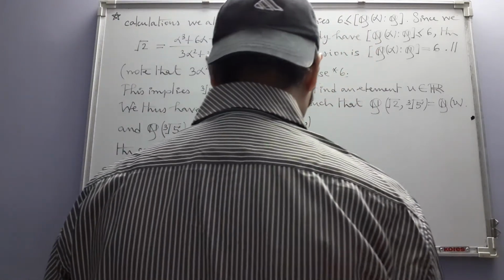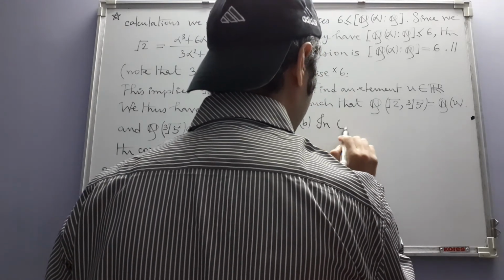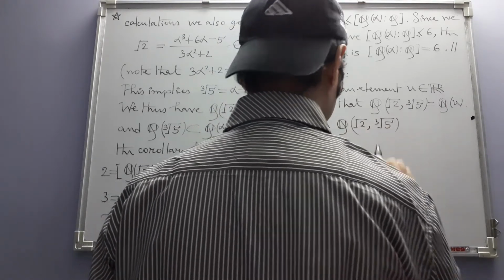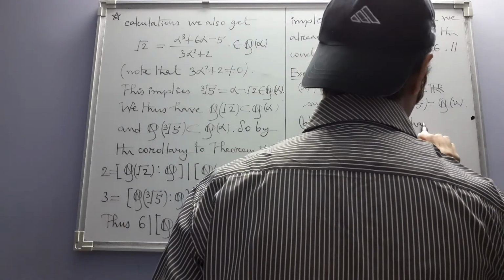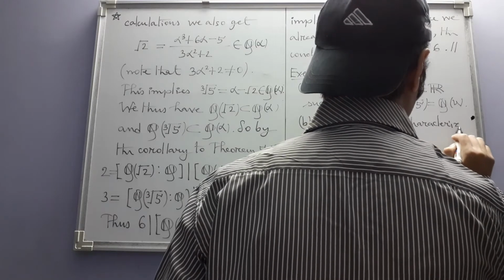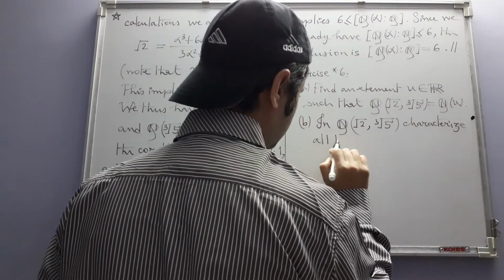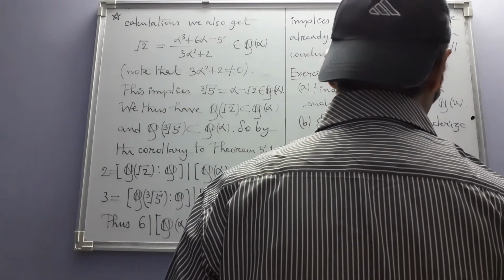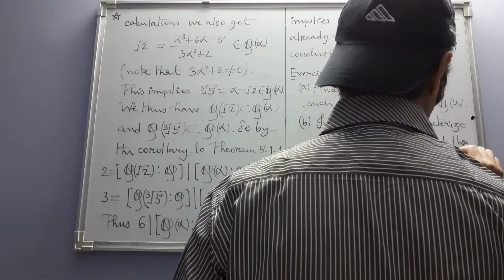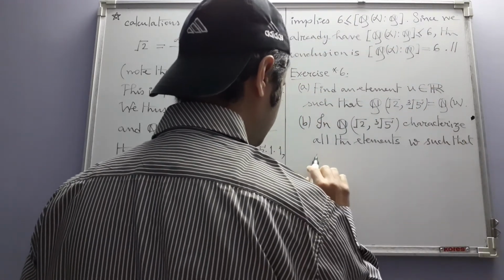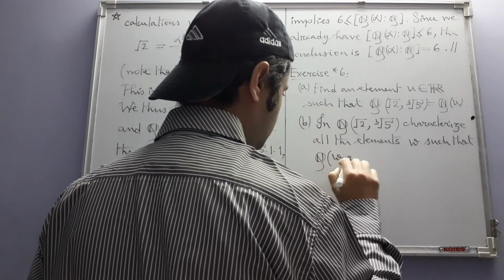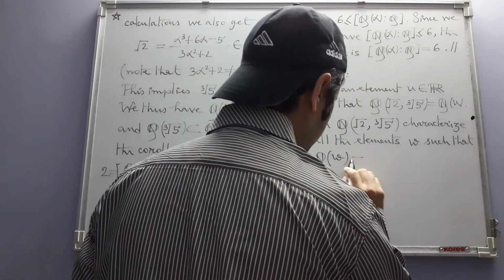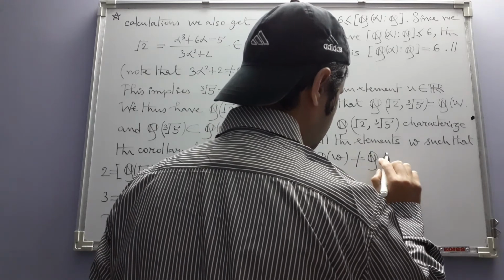And then in part B, in this extension, characterize all the elements W such that if one considers this extension, if one adjoins W to Q, then that is not equal to the original extension.